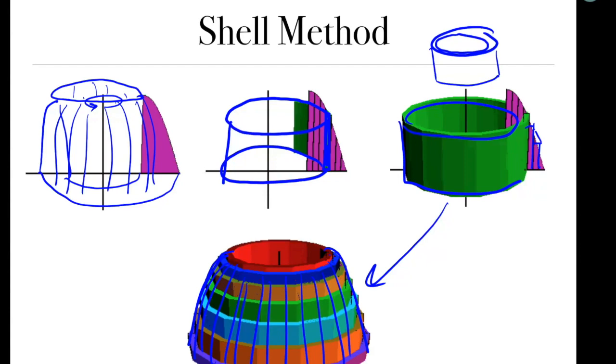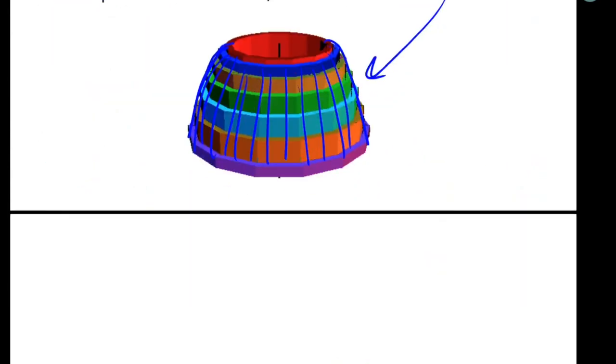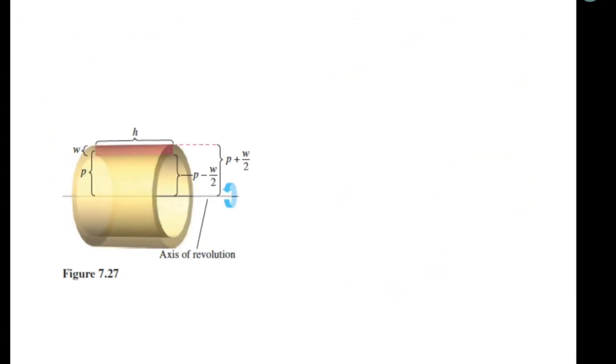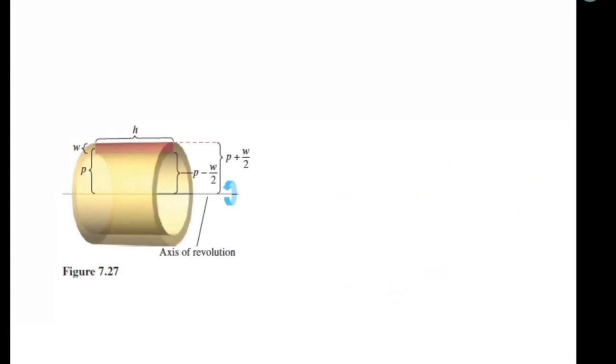But the first thing we want to do is be able to find the volume of one of these shells, right? So to do that, here we have an ordinary shell. And we'll start with a rectangle, right? And we're going to revolve that rectangle around its central axis. Our rectangle has a height of h, and it has a width of w, and it sits on an average p away from our axis, right?